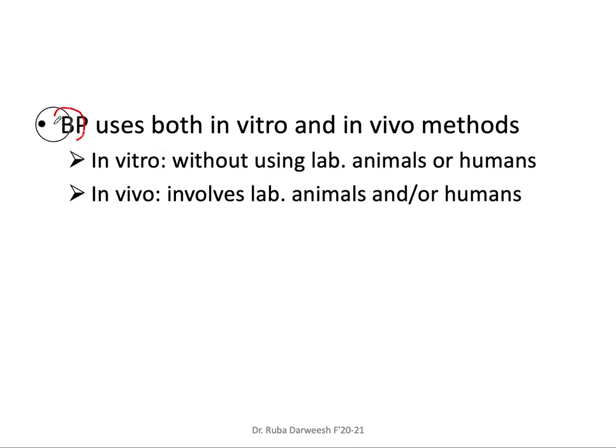How we do the biopharmaceutics studies, we have usually, of course, different kinds of studies or ways to study it, but one of the most common is the in vitro studies and in vivo studies. And I'm pretty sure that we know what is in vitro and what is in vivo.